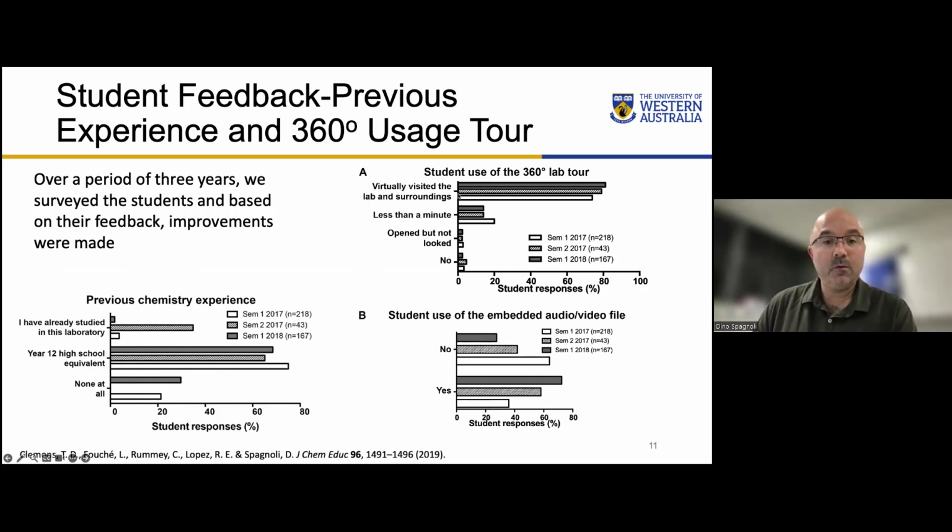And we got a sense of how much they used it. And you can see that they used it a great deal. So they virtually went around all of it. And we asked them about how they've used the embedded videos or audios that we had. So over this period of different iterations, we made improvements on the actual design of the 360 lab tour.